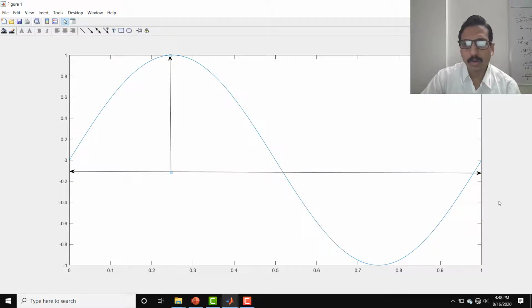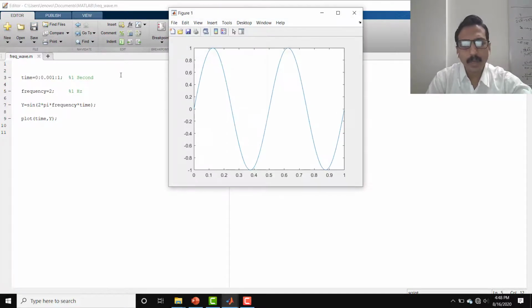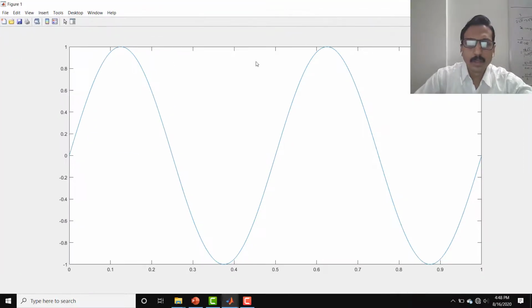So I hope you have understood the concept of frequency. To clear the frequency concept more, I modify this script by changing only one variable's value, that is the frequency. Instead of 1, I use 2 and save this file. You can see here, in the previous attempt it was only one cycle, but now you can see 2 cycles.